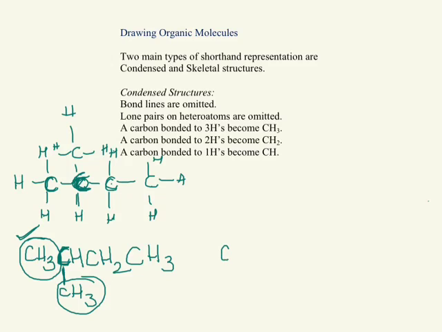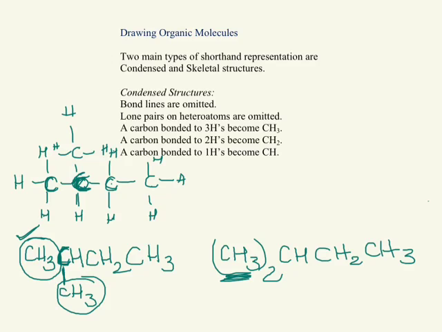So what we can do is write CH3, put in parentheses, and then say CH, CH2, CH3, meaning these two CH3 groups are bonded to the same carbon. So that's the final structure.